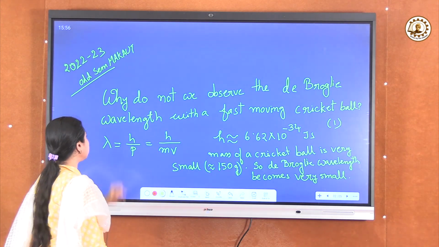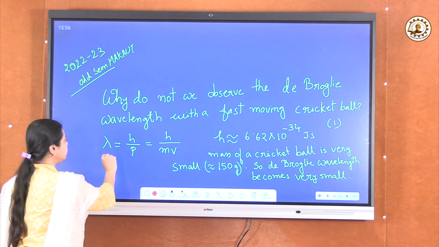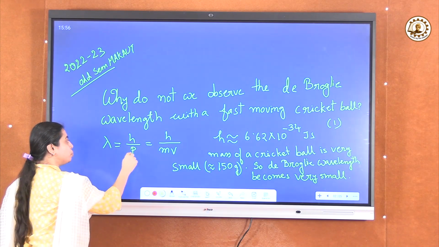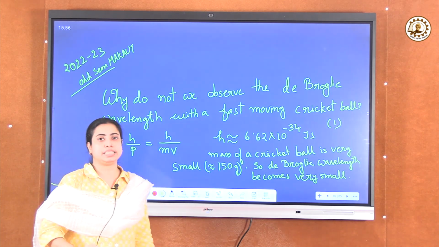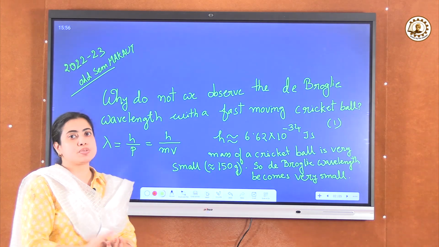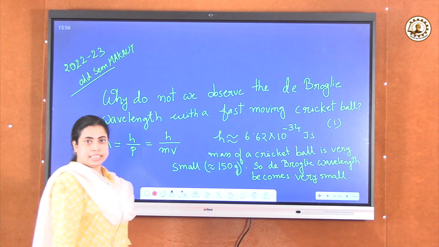Now look at the formula of de Broglie wavelength, which is given by lambda is equal to h by p, where p is your momentum. Now what is the formula of momentum? Momentum is mass into velocity.